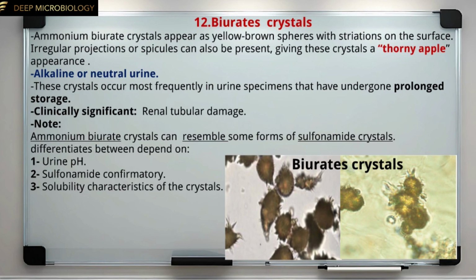They are clinically significant because in vivo precipitation can cause renal tubular damage. Note: ammonium biurate crystals can resemble some forms of sulfonamide crystals. Differentiate between them based on their urine pH, a sulfonamide confirmatory test, and the solubility characteristics of the crystals.